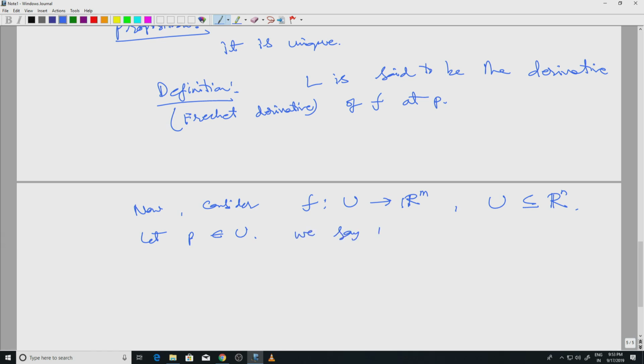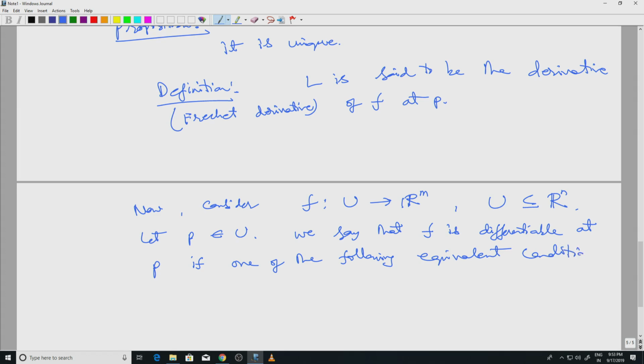We say that f is differentiable at P if one of the following equivalent conditions holds.